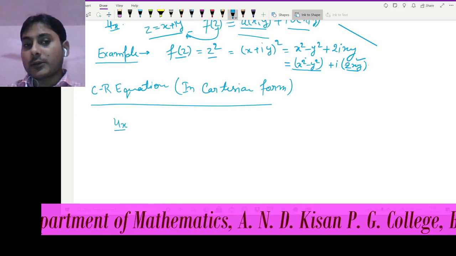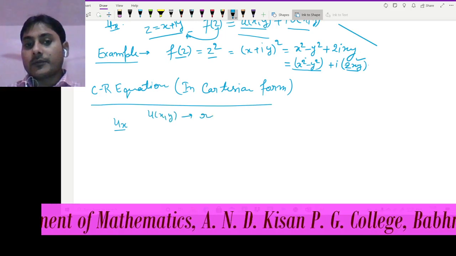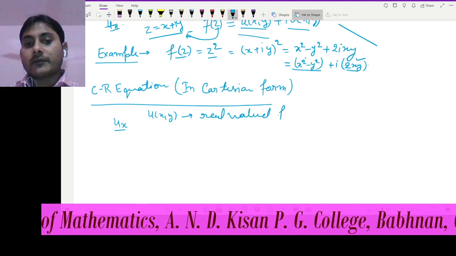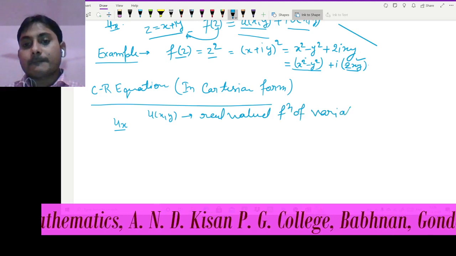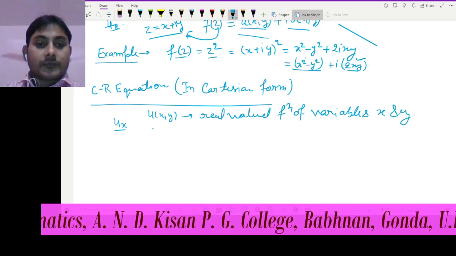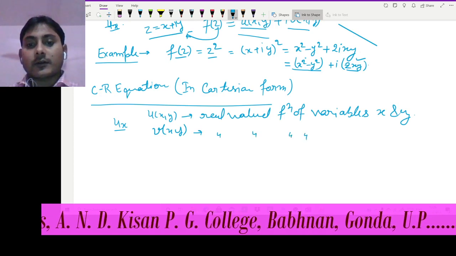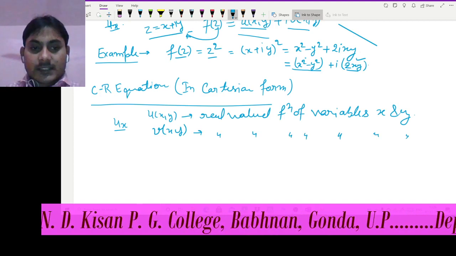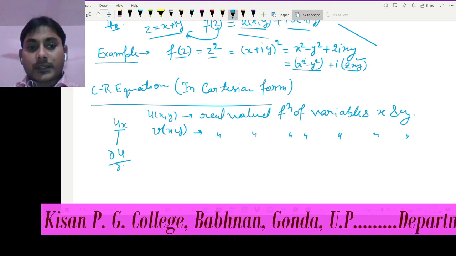Because u of x,y is a real valued function of real variables x and y, and v was also a real valued function of real variables x and y, and this particular thing denotes the partial derivative of u with respect to x.